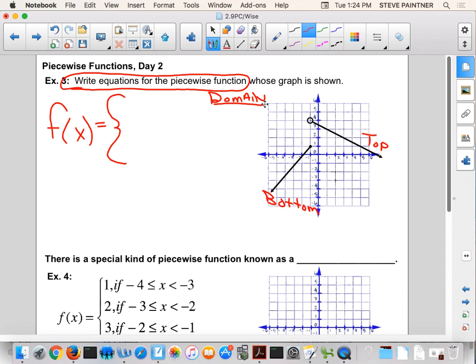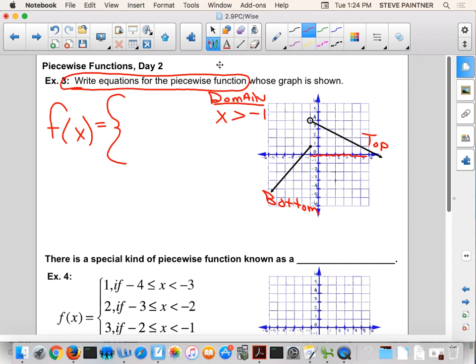What x values actually go with the top? Greater than -1. So all these x's here go with the top function. Would you guys agree? Okay. So we'd say anything greater than -1.